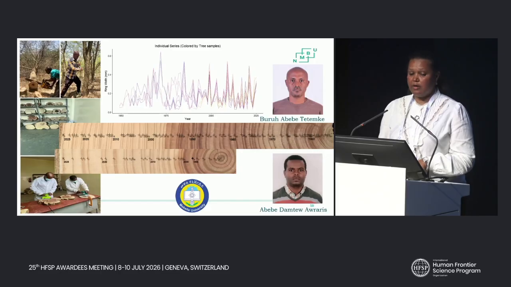The samples are collected and pre-processed by our members in Ethiopia. Not only pre-processed, but the classical dendrochronology method is also conducted by them, including cross-dating, as you can see on the screen.